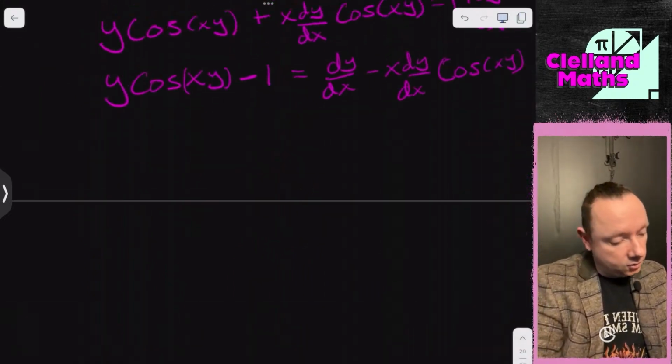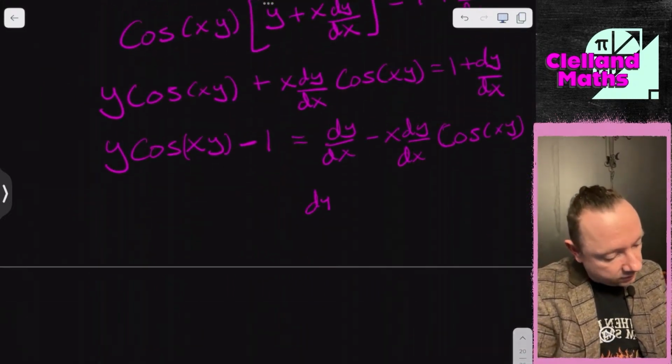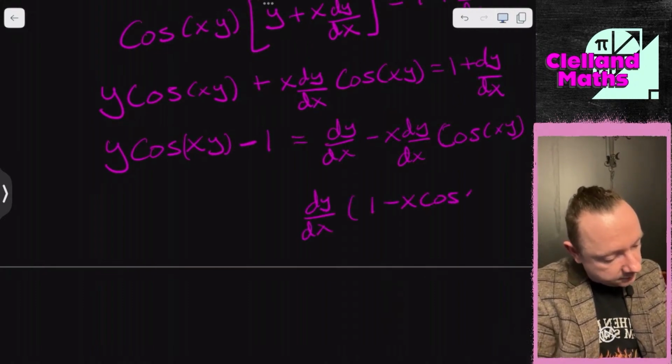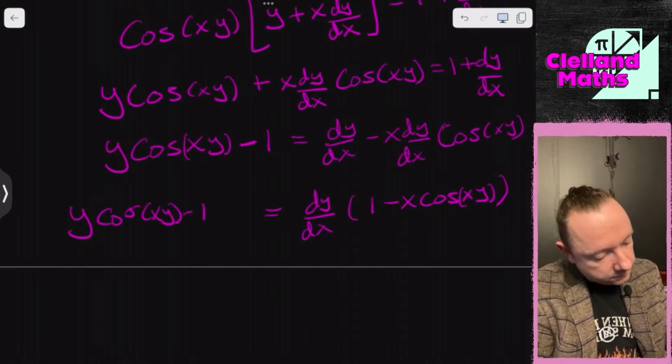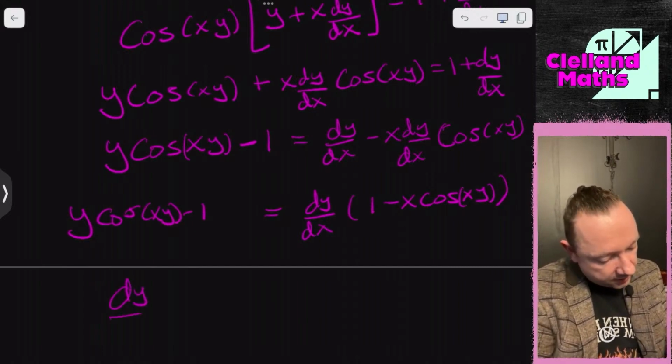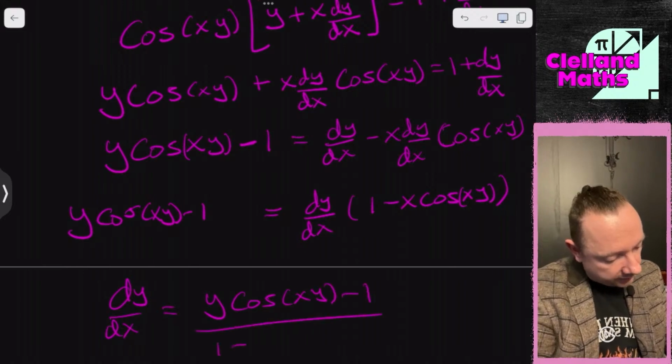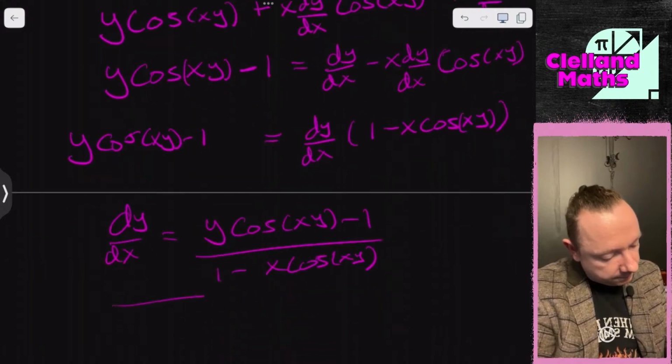So now dy by dx is a common factor, 1 minus x cos xy is y cos xy minus 1. And finally, dy by dx is y cos xy minus 1 over 1 minus x cos xy. And we're done there.